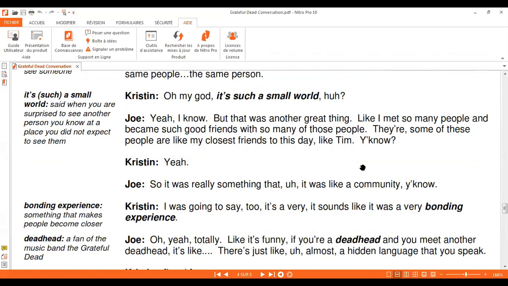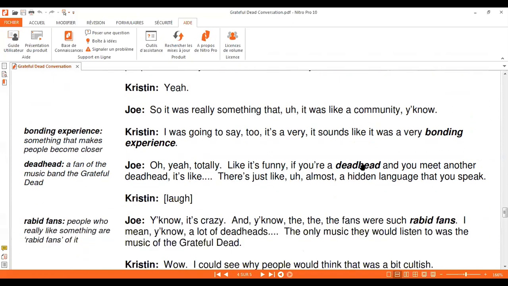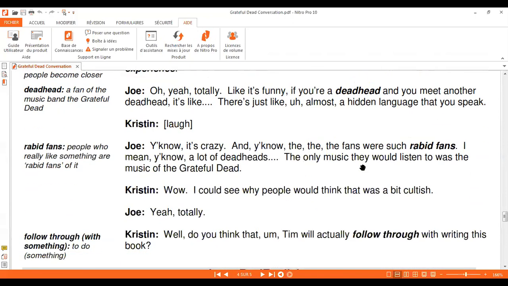It sounds like it was a very bonding experience. Oh yeah, totally. It's funny, if you're a Deadhead and you meet another Deadhead, there's almost a hidden language that you speak.